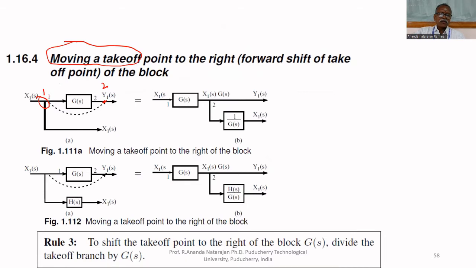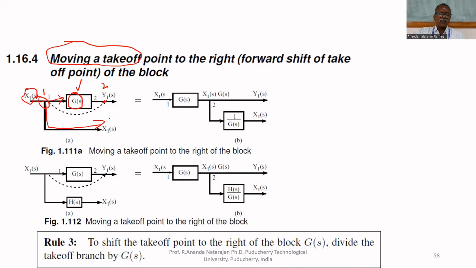If you want to move that, what is the problem here? This X1 signal is coming through this line to G1. The same X1 is going through this also. If you shift that, what will happen? Let us assume that G is a simple gain, K. If X1 is passed through, it is amplified.